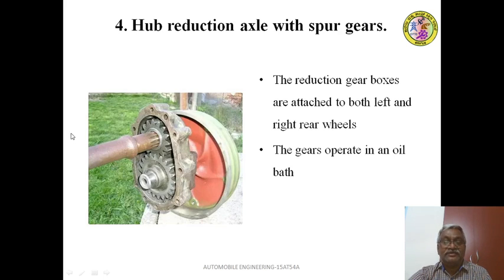Here the drive pinion is the driving gear and the crown wheel is the driven gear. The spur pinion is the driving gear and the spur gear is the driven gear. So we can calculate the gear ratio, the wheel speed and the torque multiplication, everything by using the formulae we discussed in the last session.